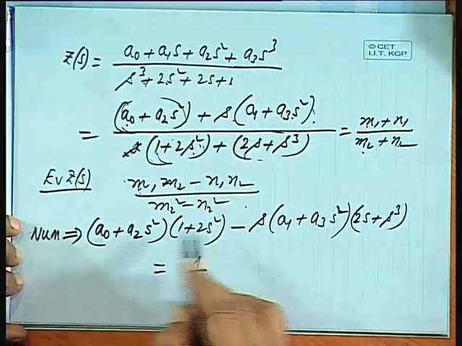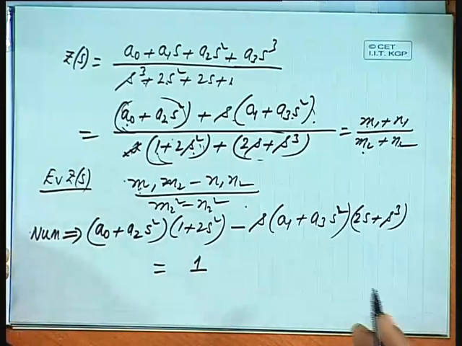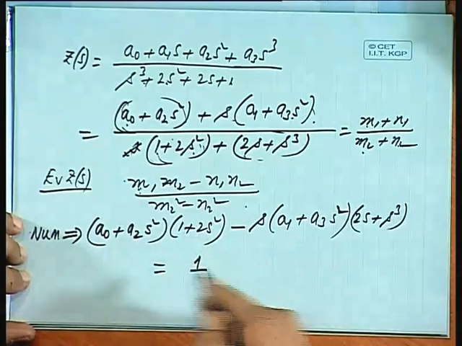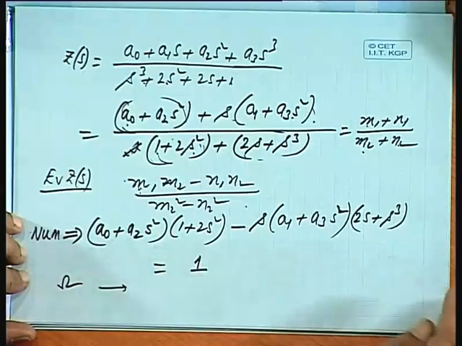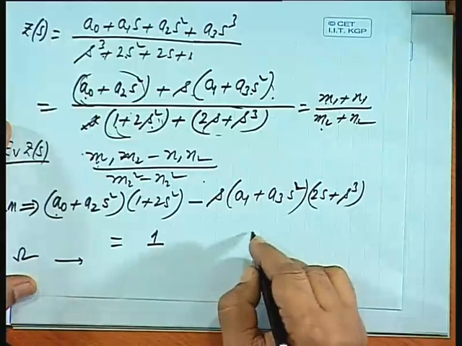So, now by matching the coefficients of S squared, S equal to j omega, by matching the coefficients of omega, you can get all the coefficients. If you write it, A0 into 1, so A0 comes out to be 1.